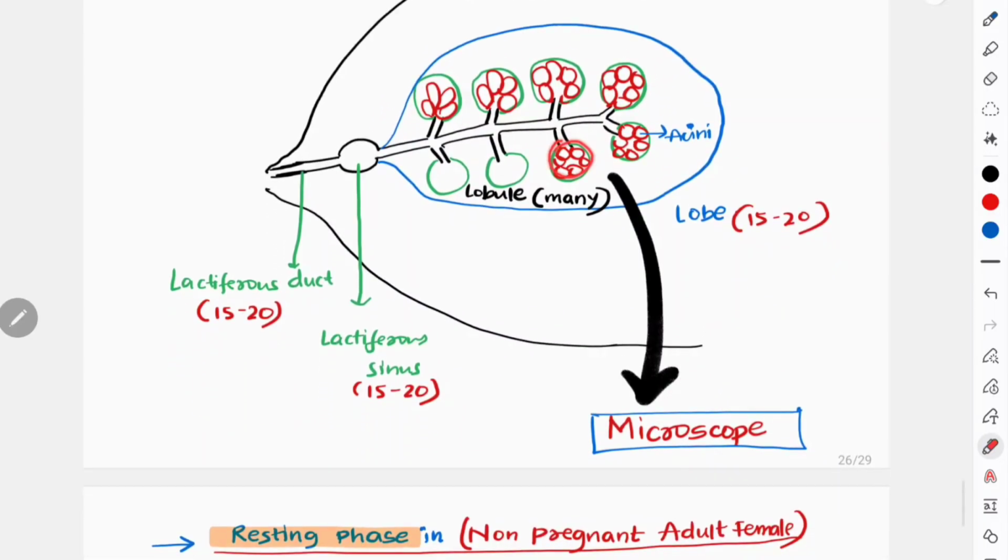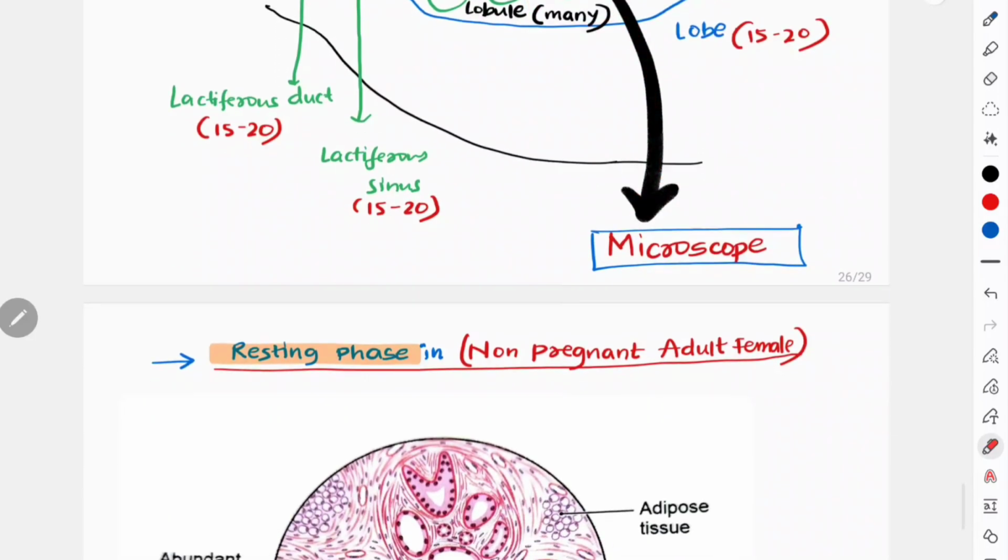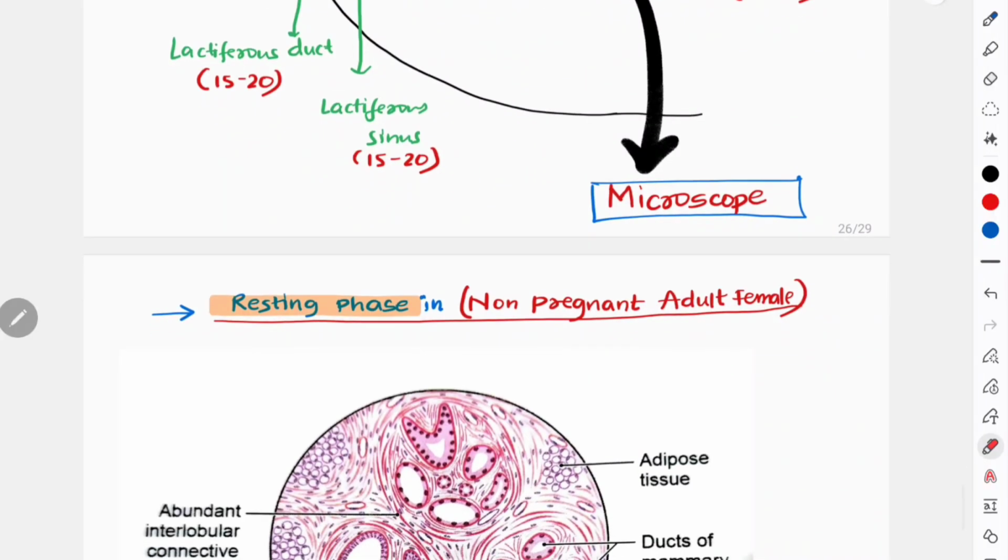This is the acini, which we have discussed in the earlier parts about organization. If we take this cut tissue and look at it in the microscope, what is the arrangement of the different cells and ducts? This is the histology.